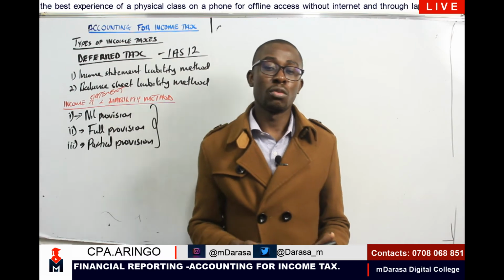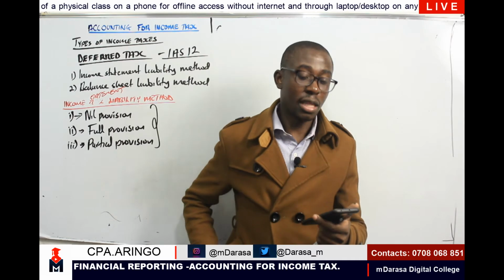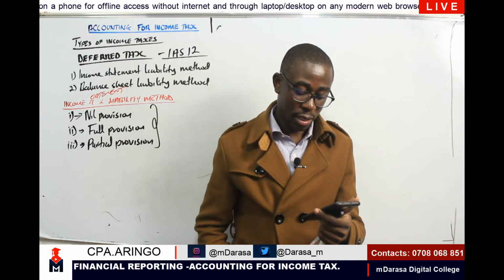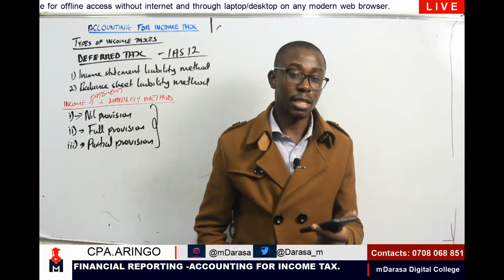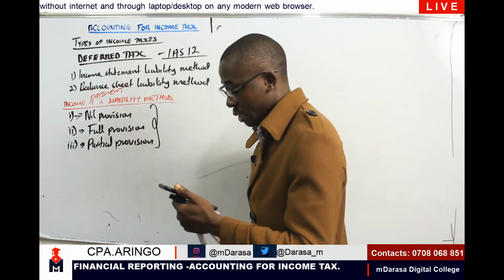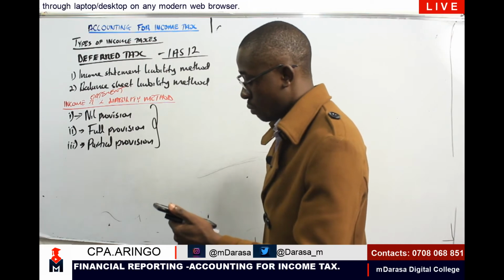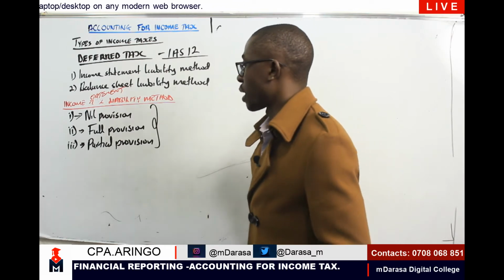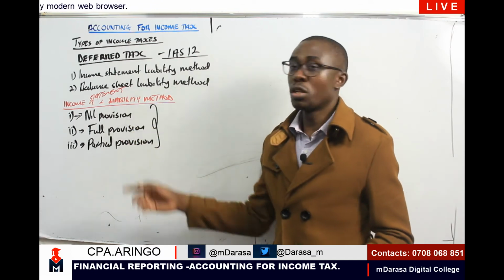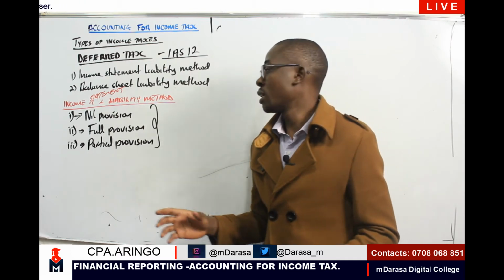So for nil provision, under this approach, no provision is made for deferred tax. That is to say, provision is only made for current tax. Remember, we had talked of the current tax earlier on, right? So for nil provision, you are not making any provision for deferred tax, but the provision that we are making is for what?